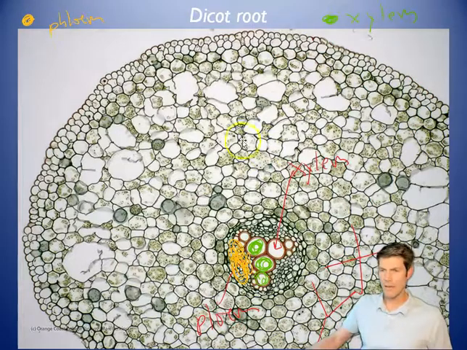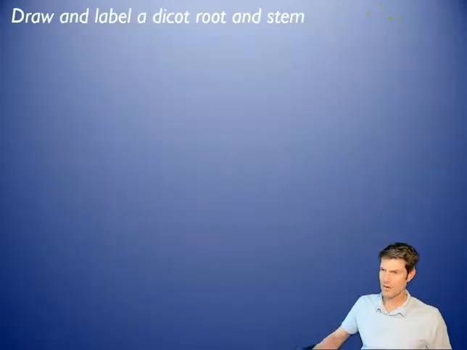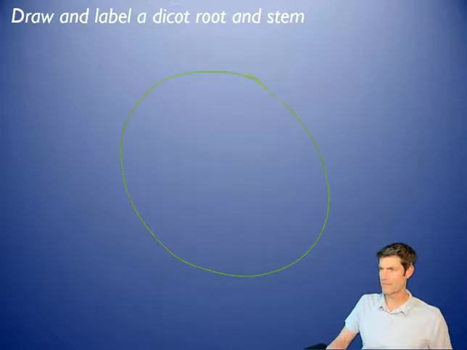Alright. Now, what I need you to do is draw examples of both of those with your vascular bundles. And then you'll have these two parts. Maybe get some shading, get different colors. There we go. That's it.